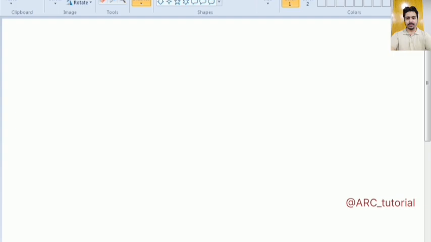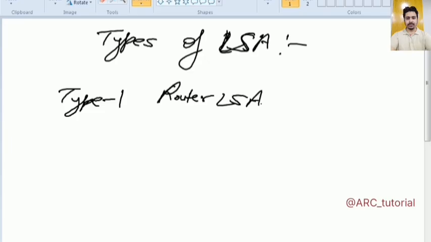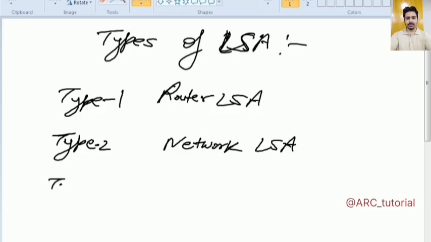Now let's talk about types of LSAs, because for different conditions we have different types of LSAs. We have type 1, which is also known as router LSA. Then we also have type 2, and type 3 is also there.